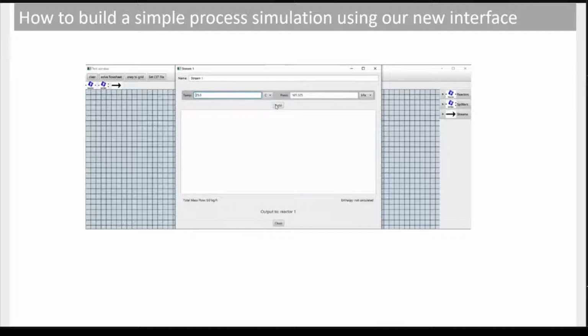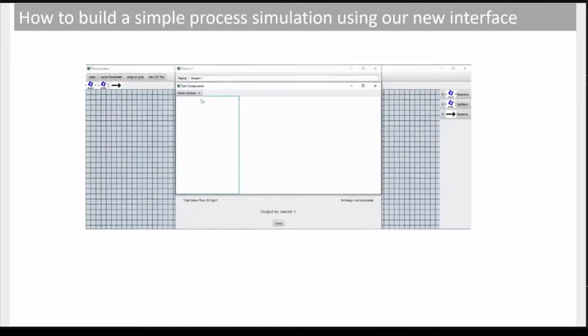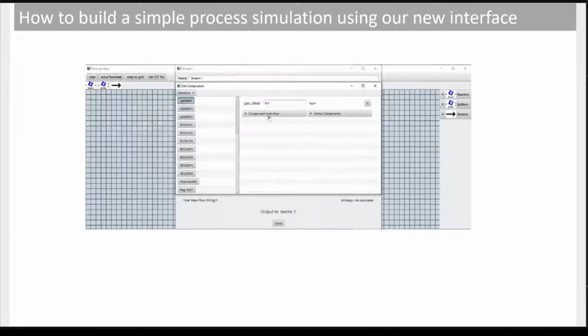So now we have an interesting option to build this stream, and we can select the phases that will constitute this stream. So if you hit this button, you can see that we can either consider a monophasic stream or a multiphasic stream. In this case, I want a gas, and I will add 10 kilograms per hour of CO. So I'll take the ideal gas, and in the component mass flow, I'm going to set the amount of CO to a value of 10 kilograms per hour.